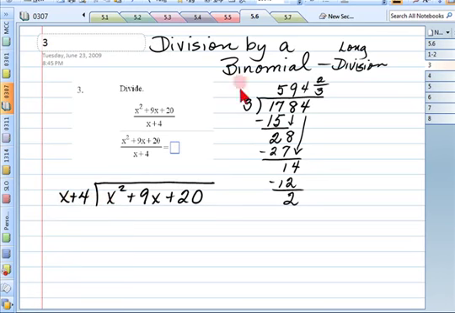Over here I said, how many times does 3 go into 17? That's kind of hard sometimes with polynomials, so I'm going to say it differently. I'm going to say, thinking about this x, what would you have to multiply it by to turn it into x squared? What would you have to multiply x by to turn it into x squared?